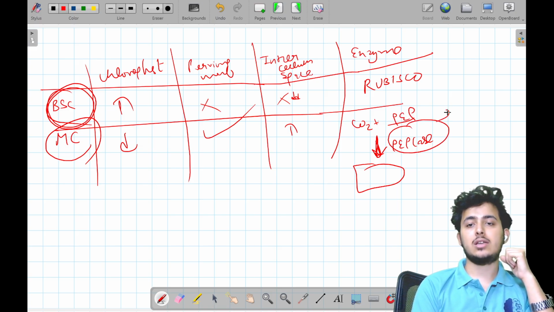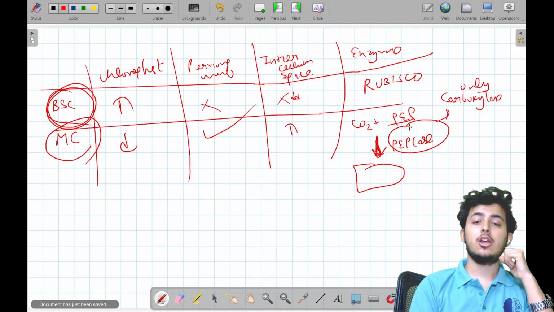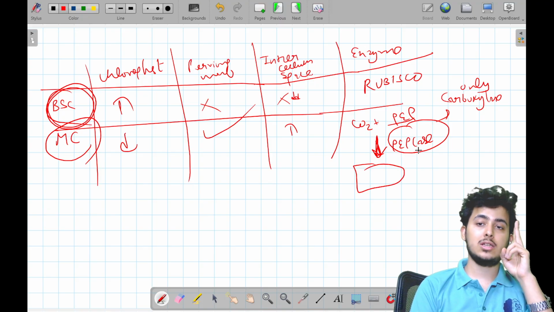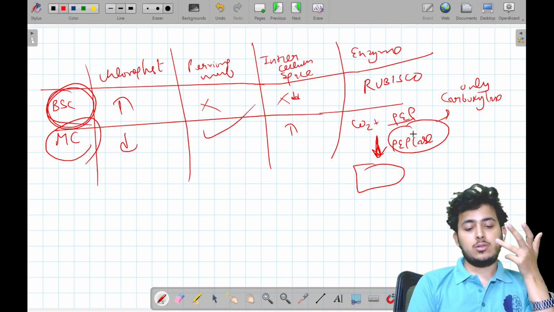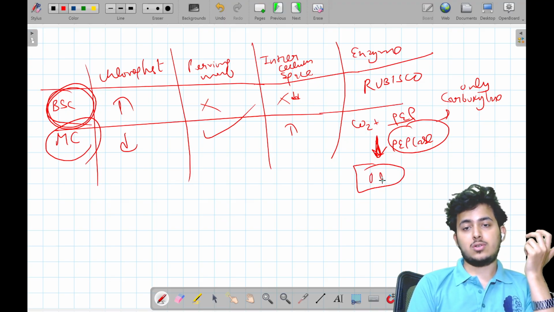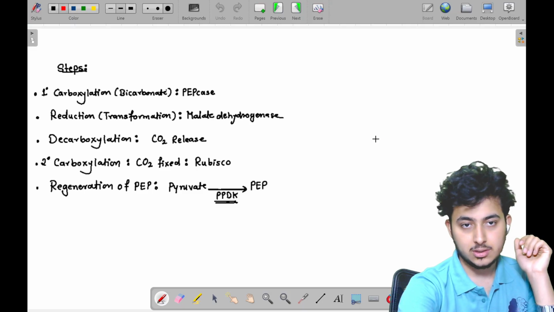This PEPcase has only carboxylase activity. That is something you have to remember: only carboxylase activity. Rubisco had both carboxylase and oxygenase activity. So this carbon dioxide can react with this PEP and lead to formation of oxaloacetic acid, and then it can have further changes.